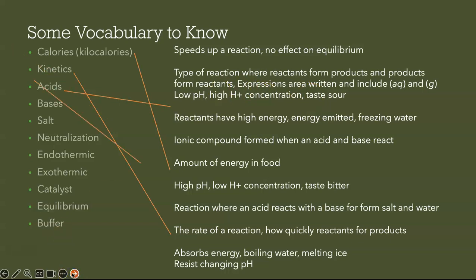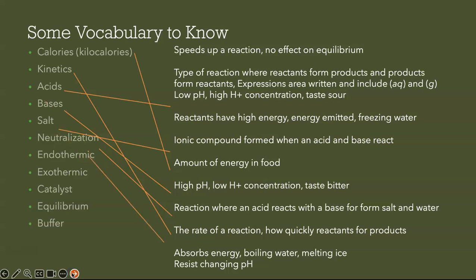Whereas a base has a high pH, a low hydrogen or hydronium ion concentration, tastes bitter, and feels slippery. A salt is the ionic compound formed when an acid and a base react. Neutralization is that acid-base reaction, what we did in the titration lab.